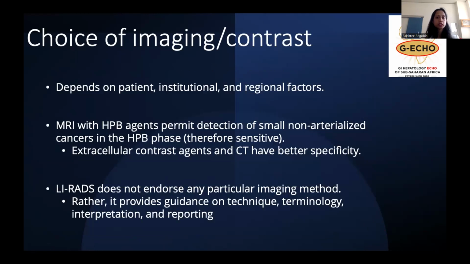So the choice of imaging really depends on the institution and the availability of resources. Some settings may not be privileged to have a CT scan machine or an MRI.